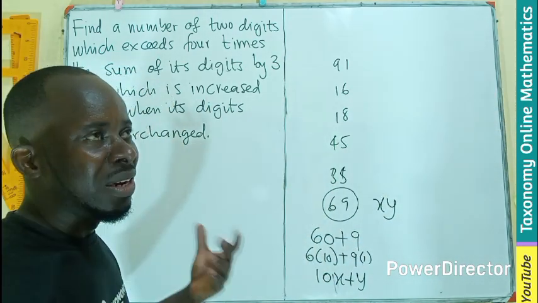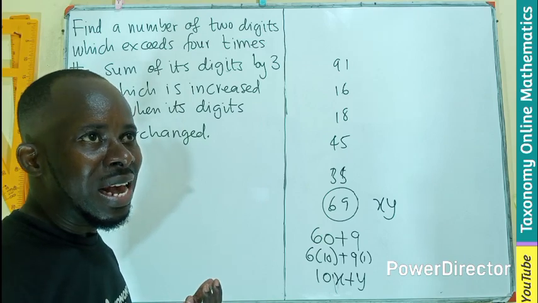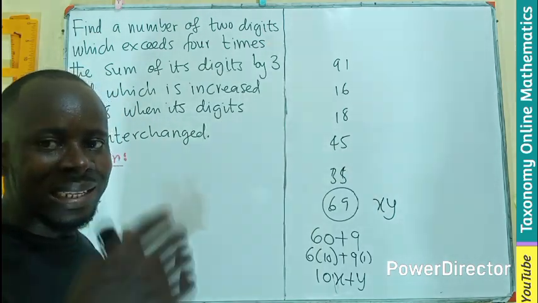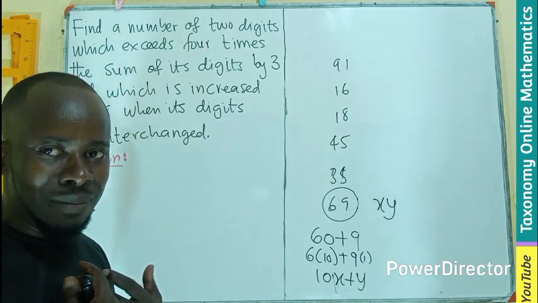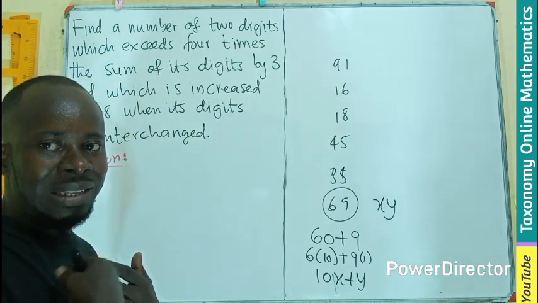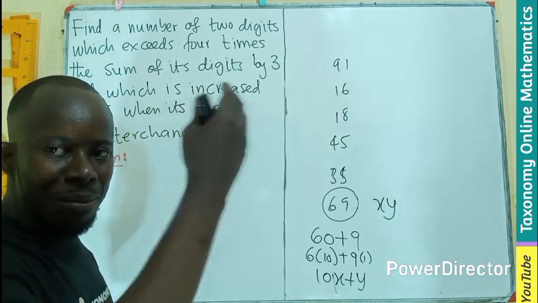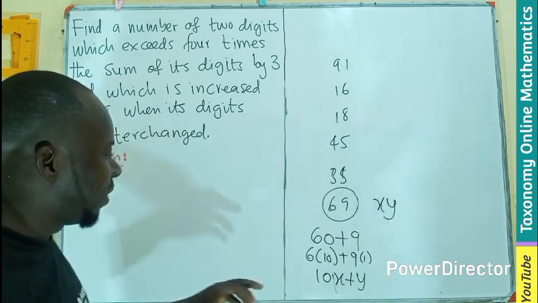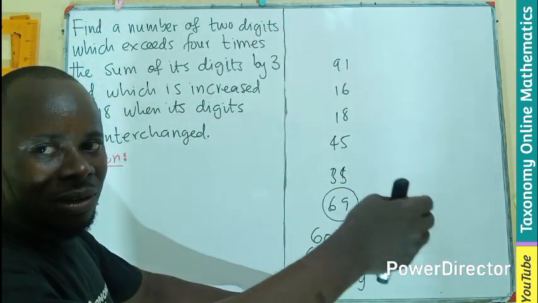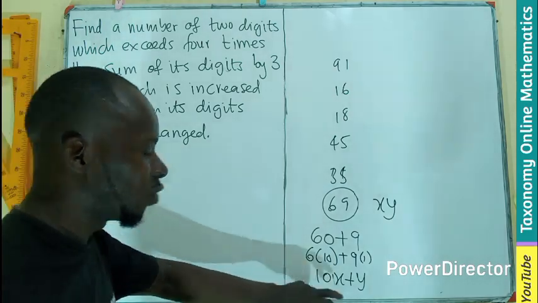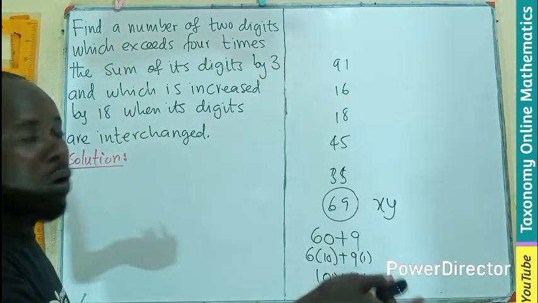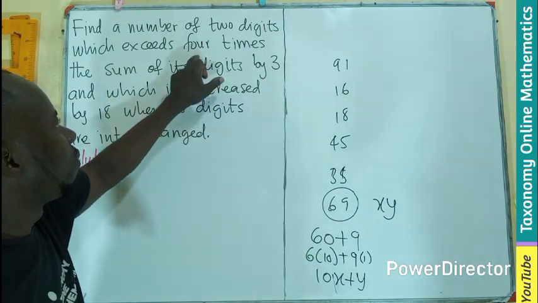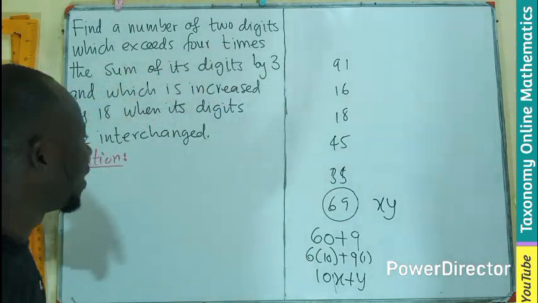If we are sharing oranges and my share exceeds yours by 3, it means that when I add 3 to yours, I should get mine, or when I subtract 3 from mine, the number should be the same as yours. So this number should equal 3 plus 4 times the sum of the digits.